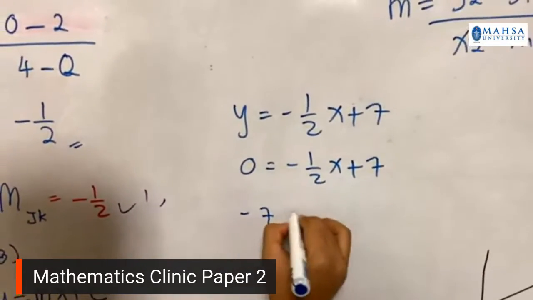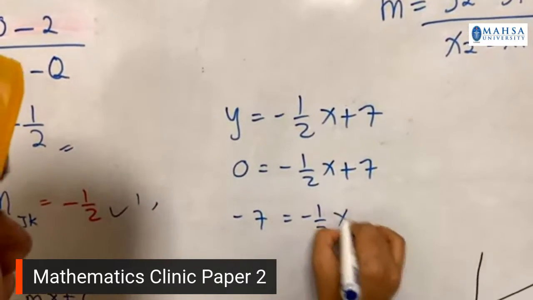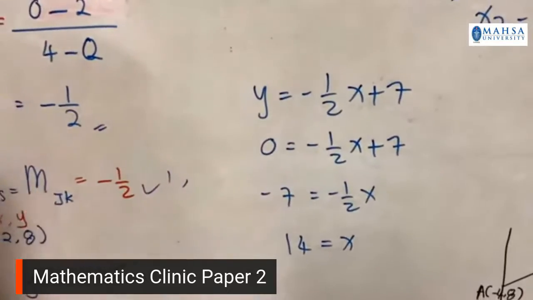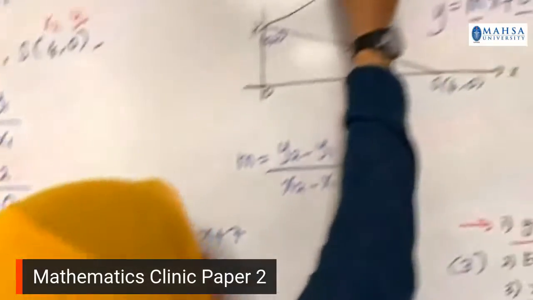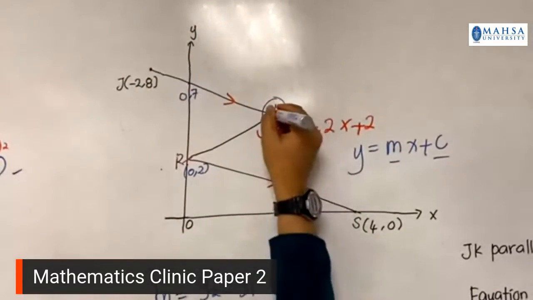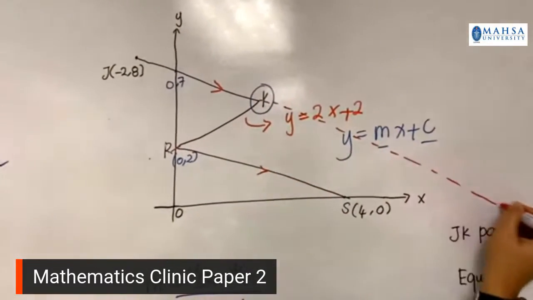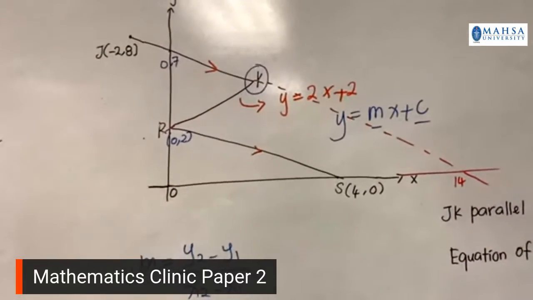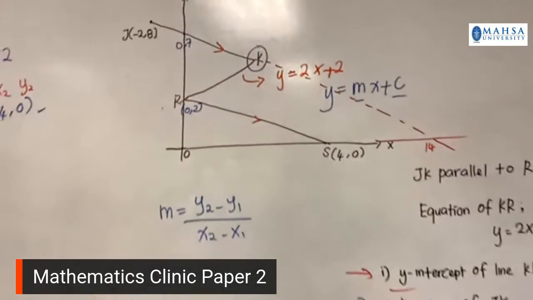So -7 equals -1/2 x, so your x equals 14. So if you extend the line here, it will intercept at x equal to 14. Okay, this is one example.